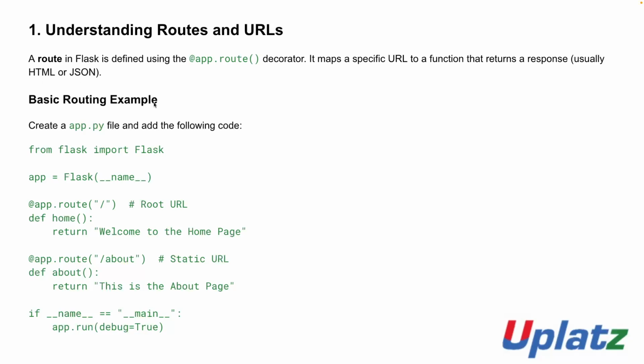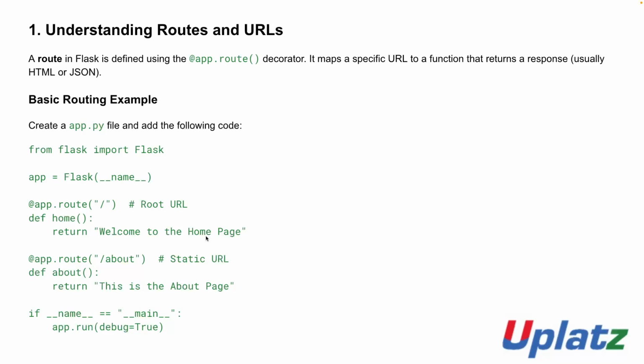Basic routing example. Create an app.py file and add the following code. From flask import Flask, app equals Flask(__name__), then @app.route('/'), def home function. Here the function is defined.